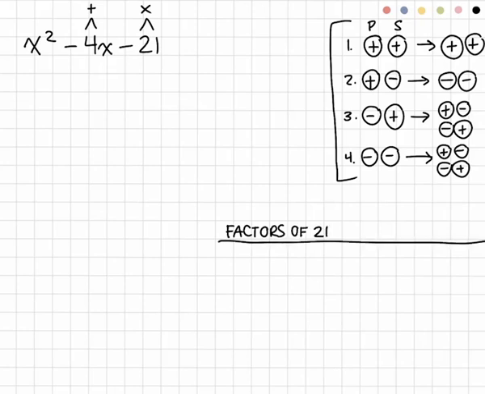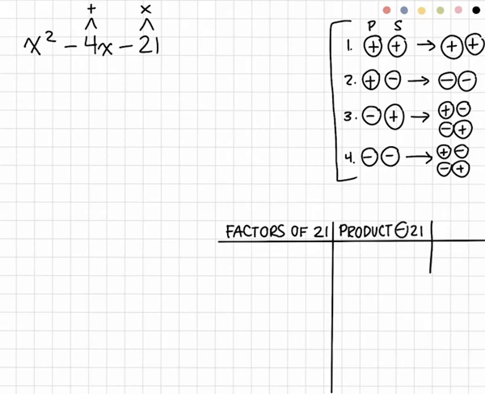We're always finding the factors of the number that we're multiplying to get to. So my product is going to be negative 21, right? And my sum is going to be negative 4.